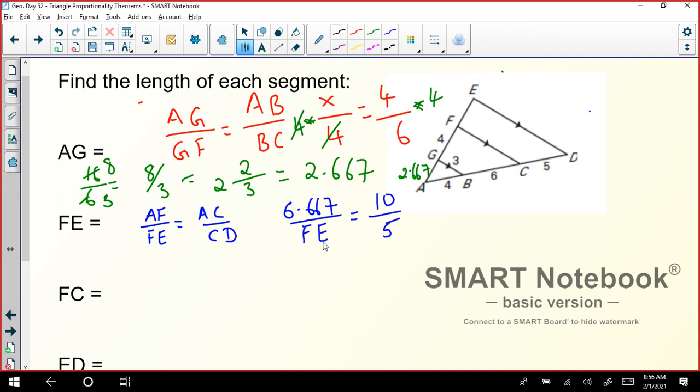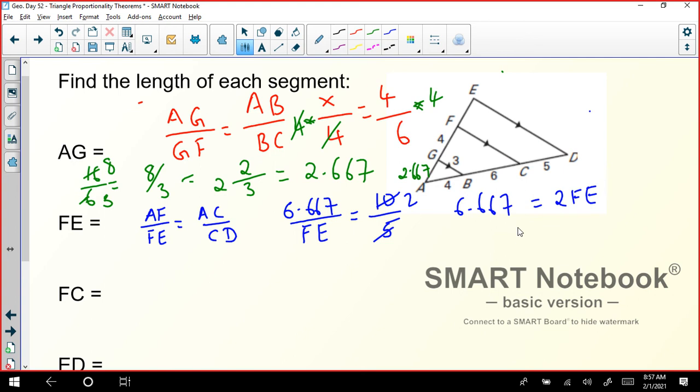We are going to simplify it to find the value of FE. Before we cross multiply, I can do 10 over 5 as 2. And I have 2 over 1 and 6.667 over FE. If I cross multiply, I'll have 6.667 equals 2 times FE. Then divide by 2 on both sides to get the value of FE.